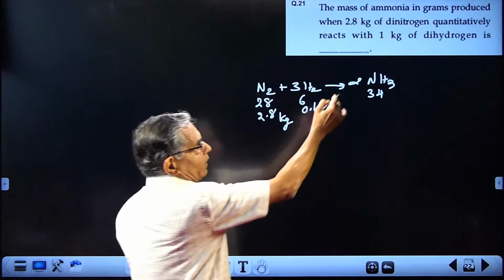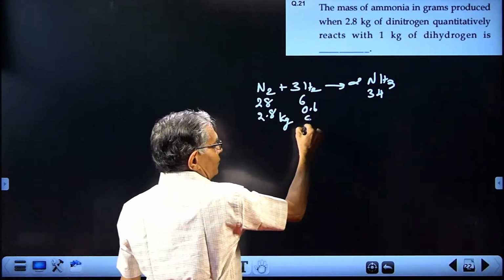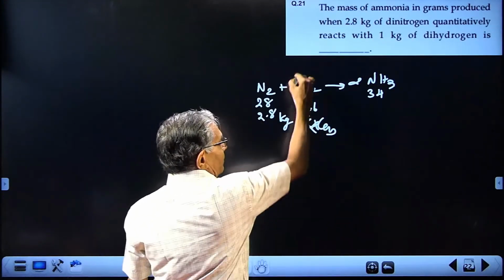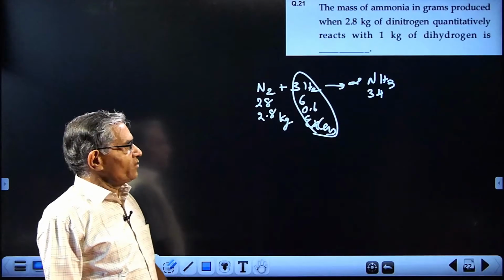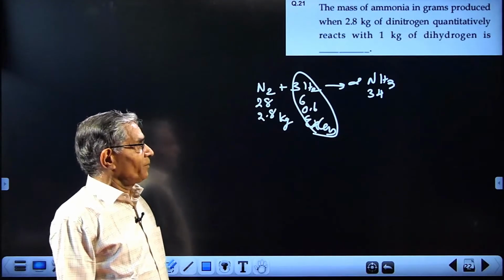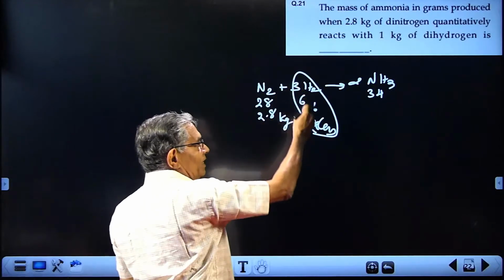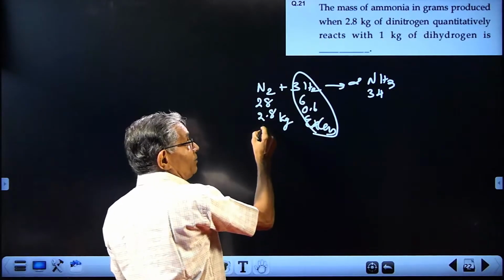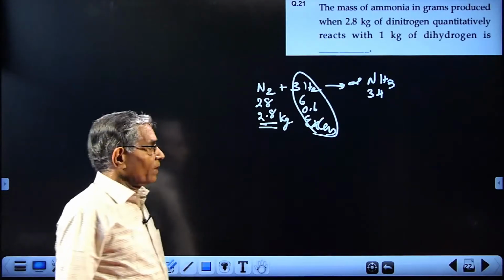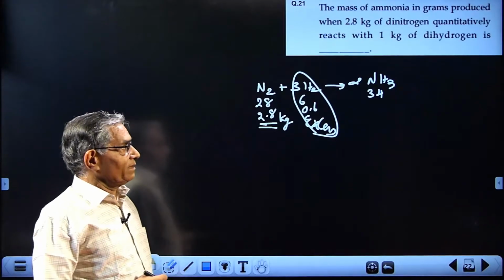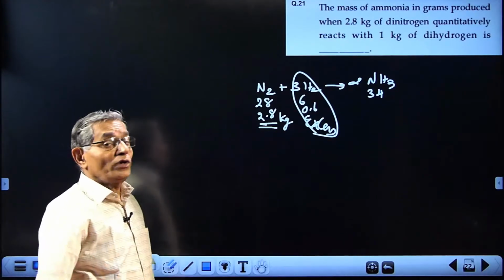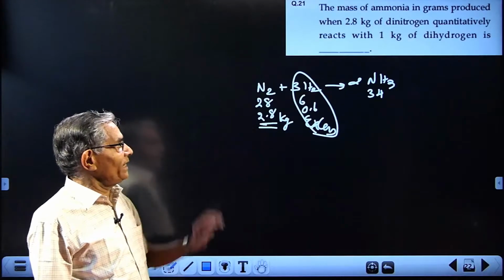And we have taken 1 kilogram hydrogen, meaning this is in excess. Requires only 0.6, we have taken 1 kilogram. That means it is in excess. Therefore, nitrogen is the limiting reagent. So you have to calculate the mass of ammonia from the mass of nitrogen.